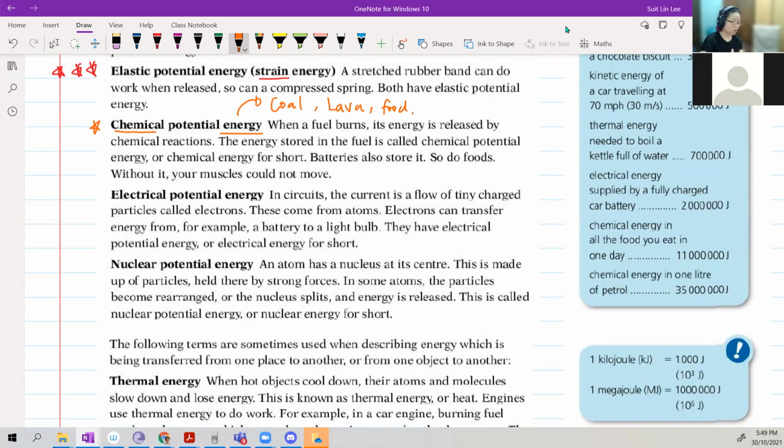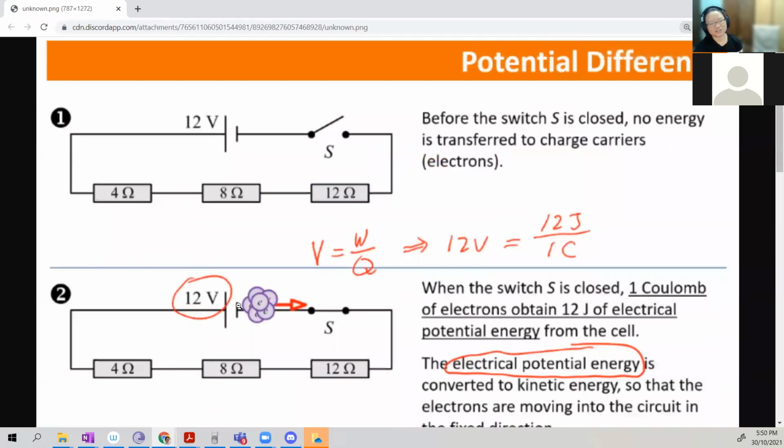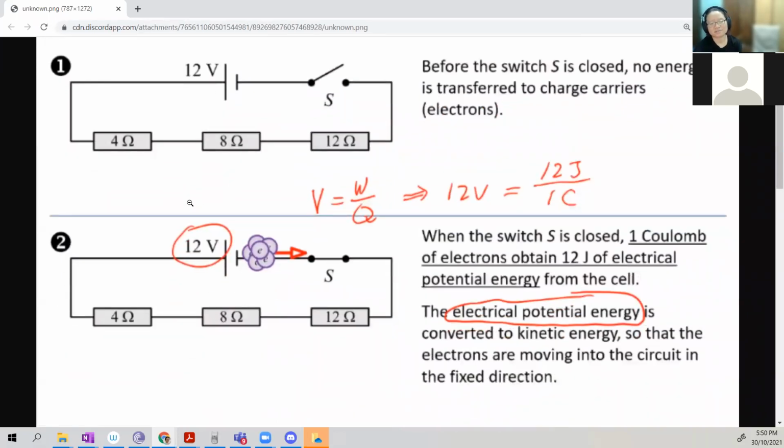So when the electron flow, the electron is like very cute one. I show you a picture. Or rather, I show you this comic that someone drew some time back that I then borrow. So your electric potential energy, let's say you have a circuit like that.